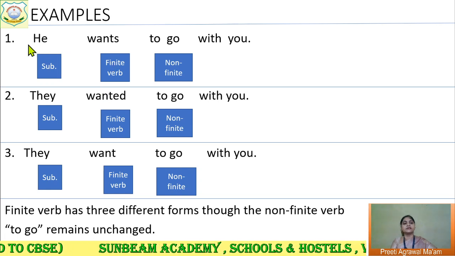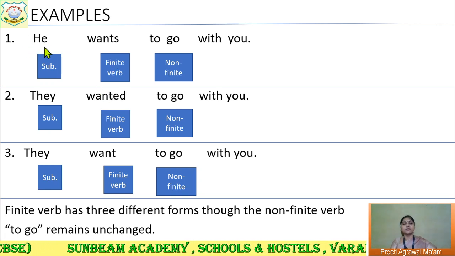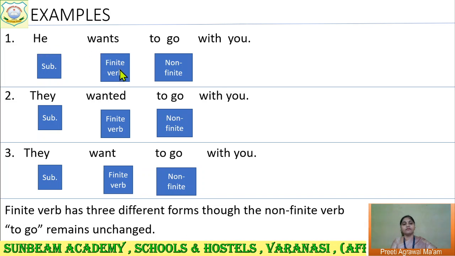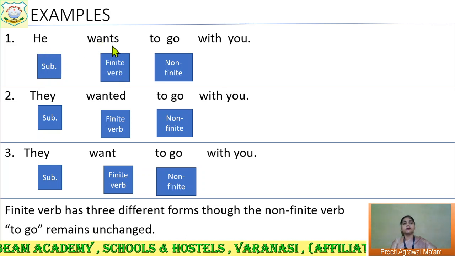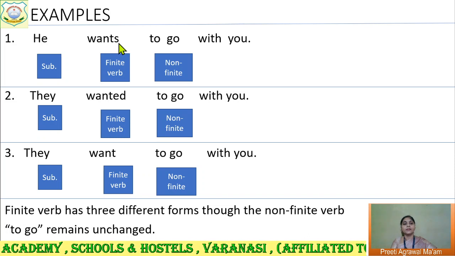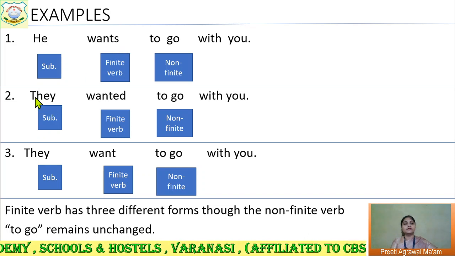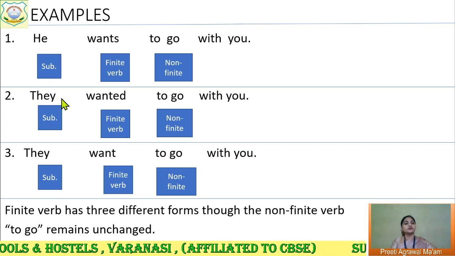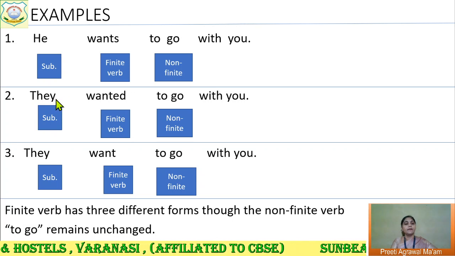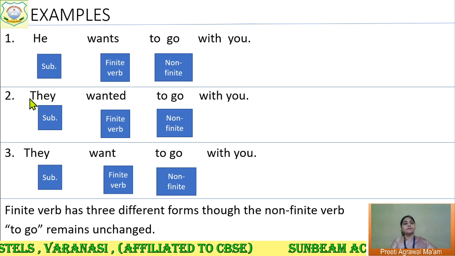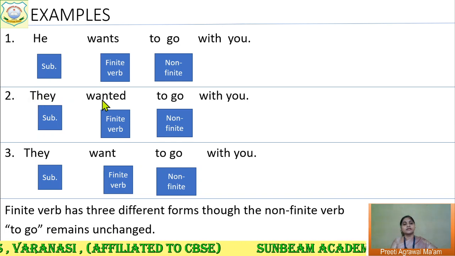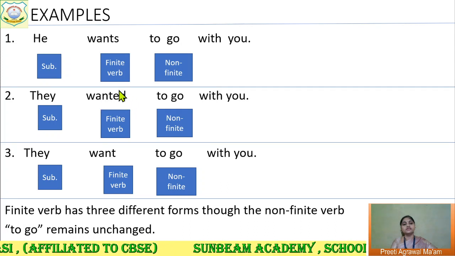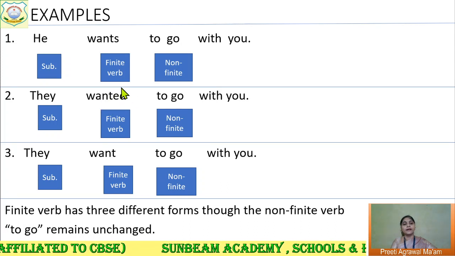Here he is your subject and it is singular, and that's why in the finite verb you have used S. Here they is your subject. And which person is this? This is third person. And which number? Plural number. And that's why in the main verb you have used ed, wanted.